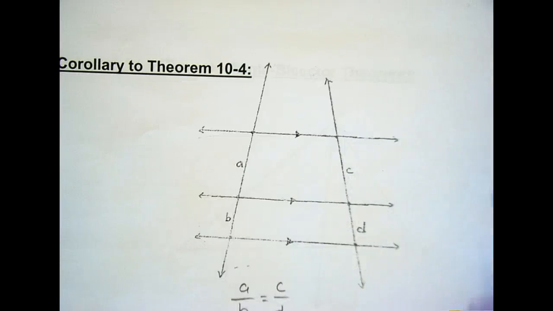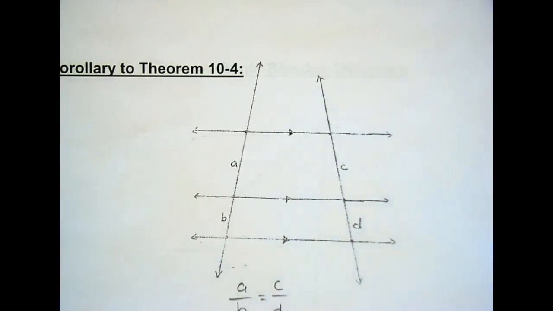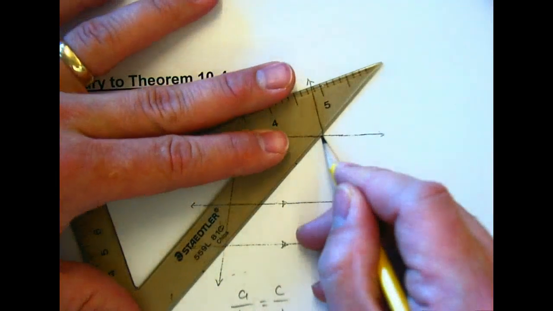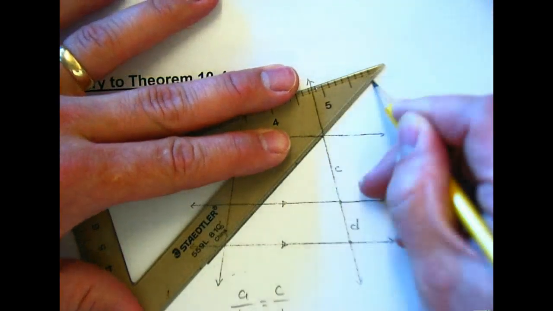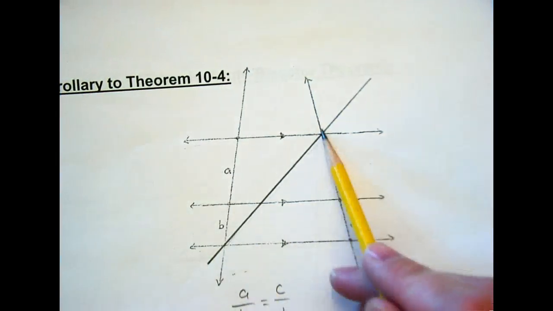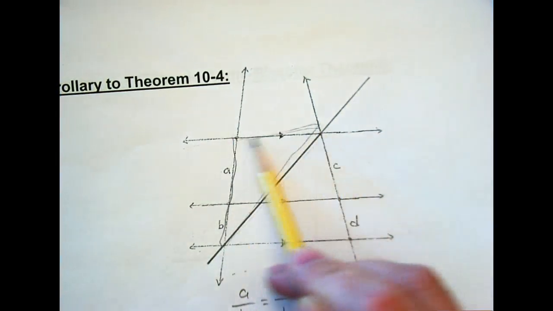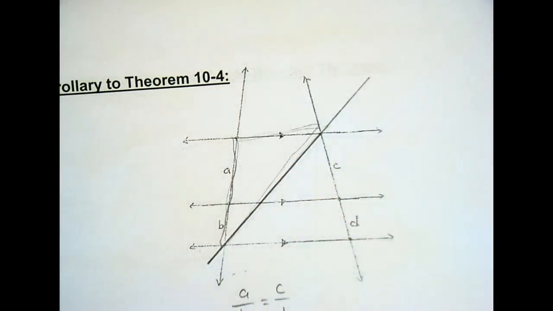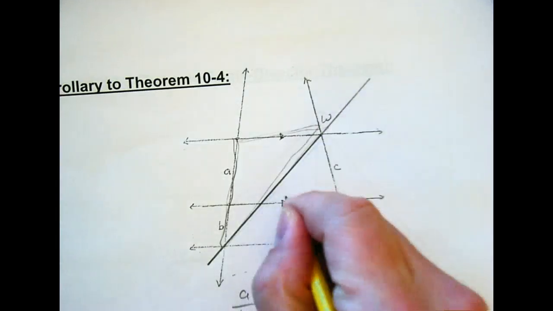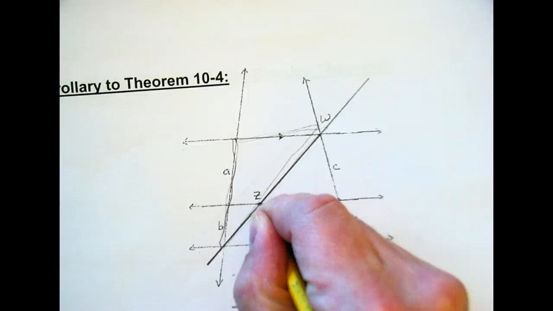All right. The reason this one works, I don't want to spend as much time, but it's based on the side splitter theorem. If I draw a line from here to here, everyone see that? I've now made two triangles. I've made this triangle right here. I'm going to call this one W and this one Z, these points.